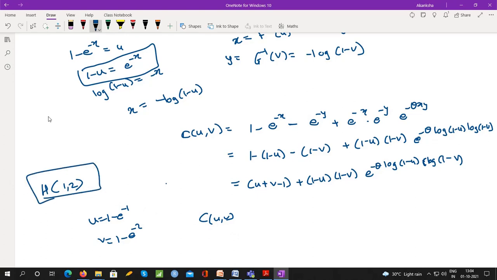Okay, so this is how a copula can connect your marginal CDFs to joint CDFs, and it has a lot of applications, for example in finance, because this gives you the power of constructing many joint distributions from given two marginals. You plug those marginals into any copula and you get a new joint distribution function.